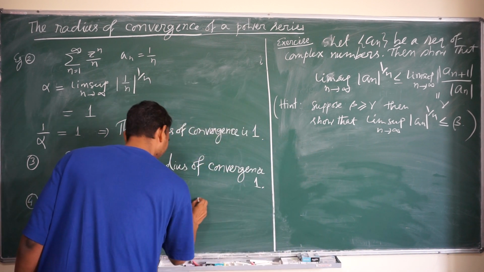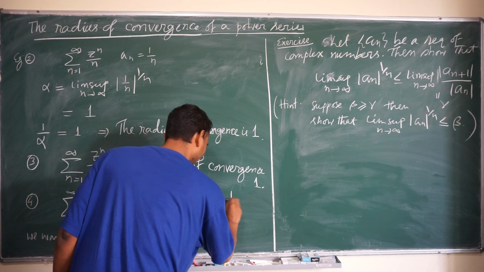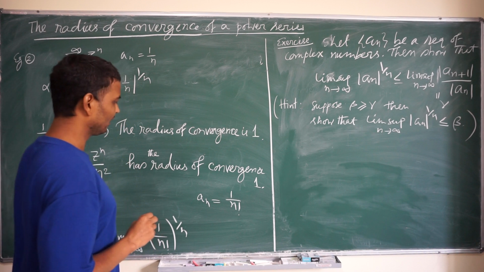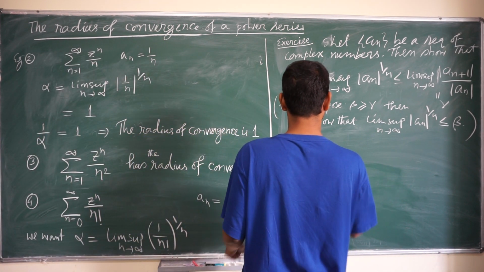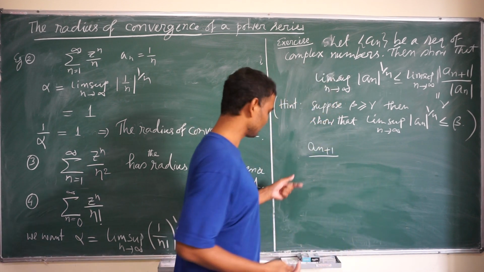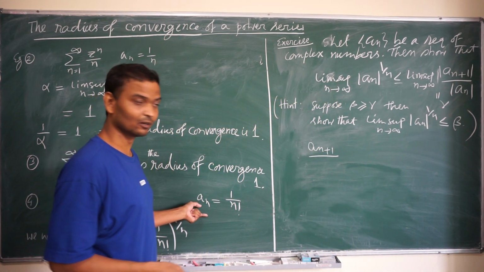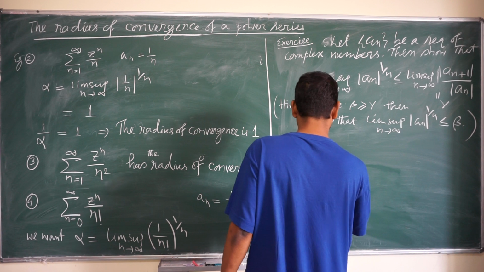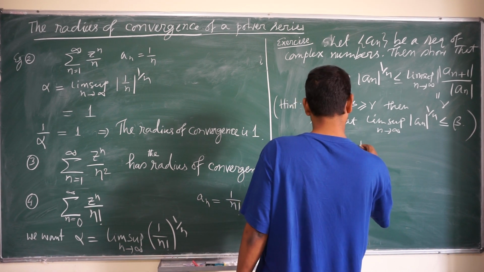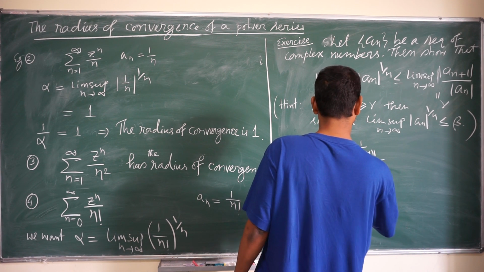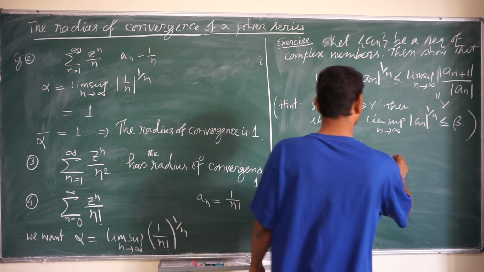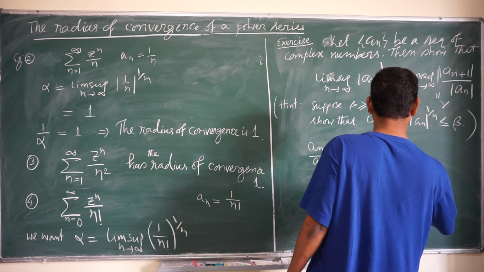Here a_n is 1 over factorial n, and since all a_n are positive numbers, we can look at a_{n+1} by a_n, which is 1 over factorial (n+1) by 1 over factorial n, which is 1 by (n+1).